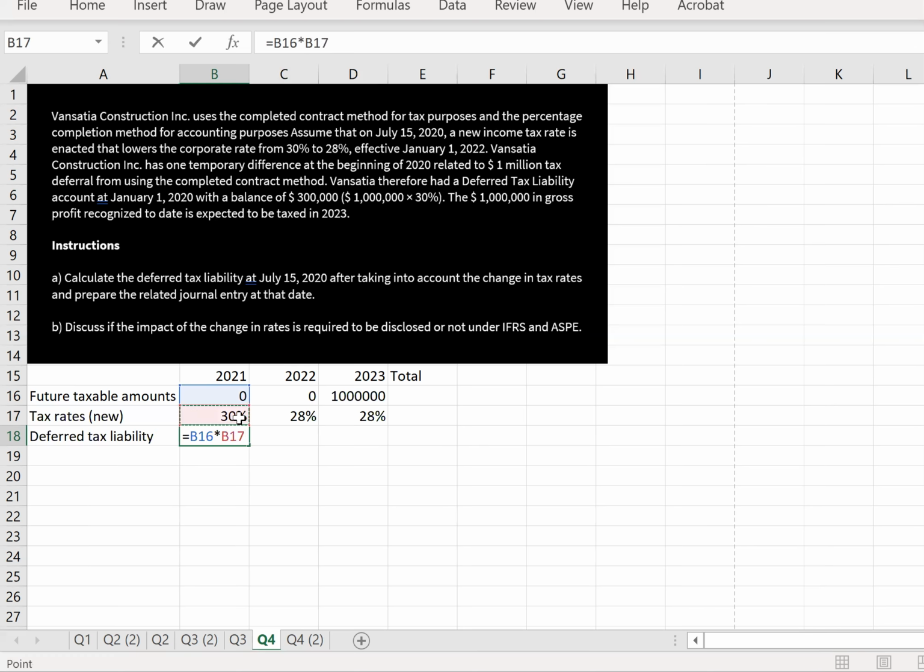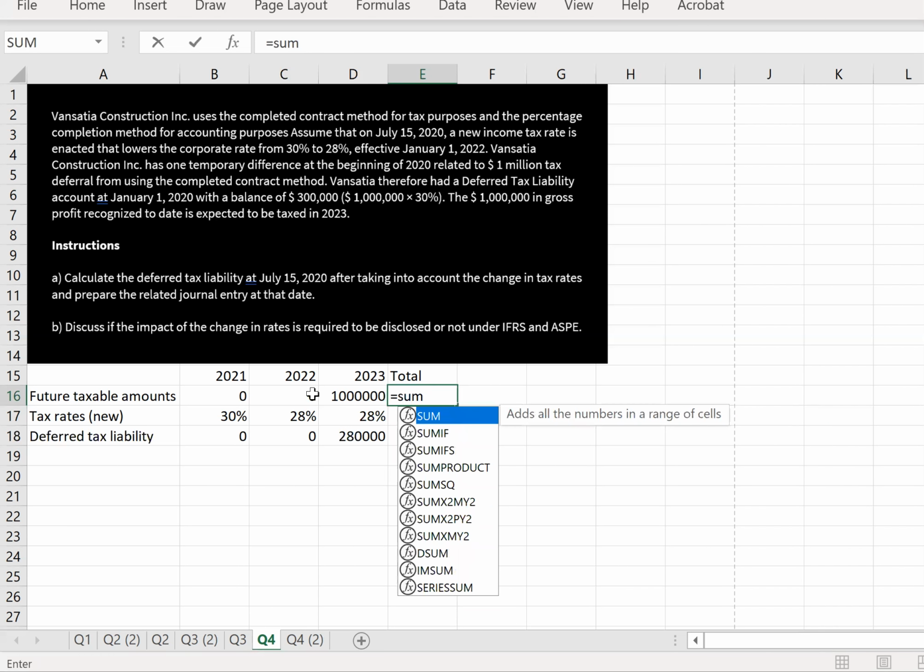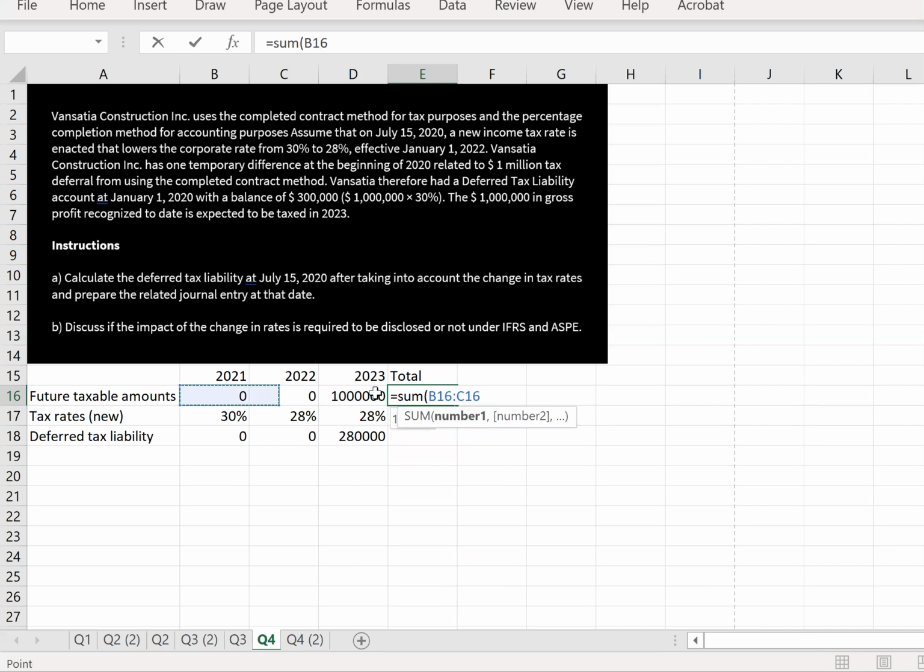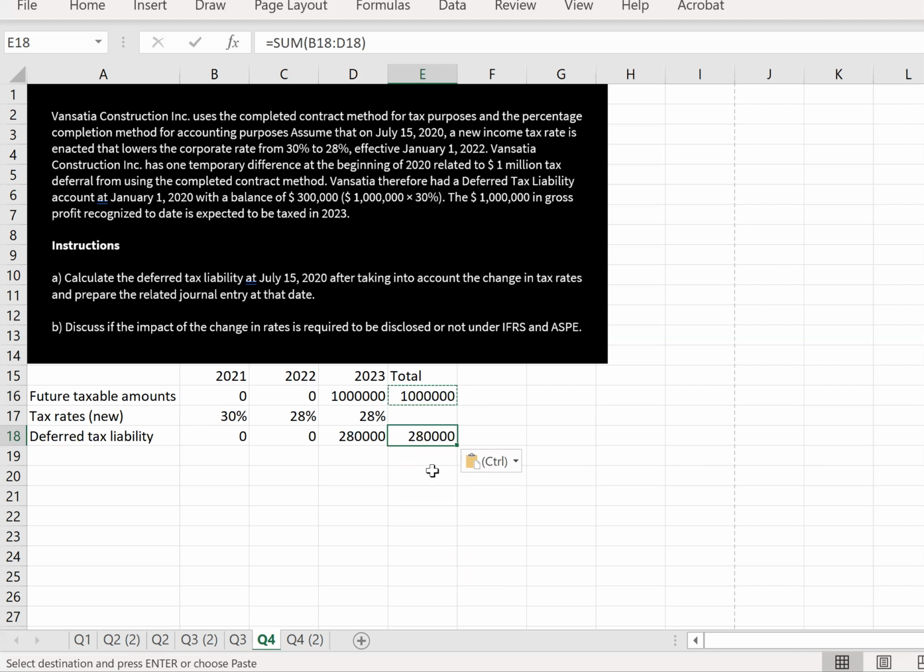So here I've got 30%, but of course it's 0, so it's going to be 0. Going to drag that across, and I can see that the $1 million taxed at 28% gives me $280,000, which makes sense, of course. So my total here, let's just run a sum because my deferred tax liability is across all years. So this is still going to be the 280 just because there's 0 in the other years.